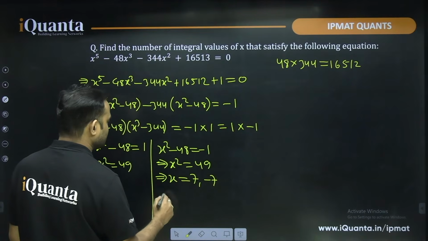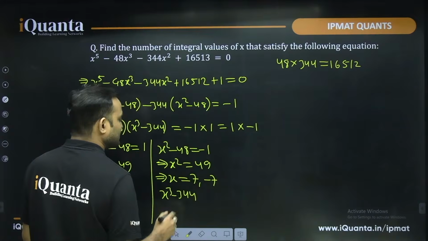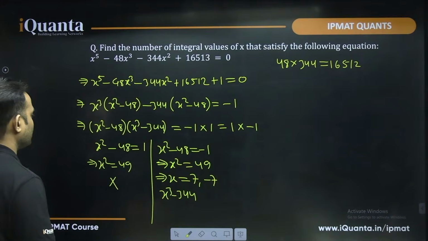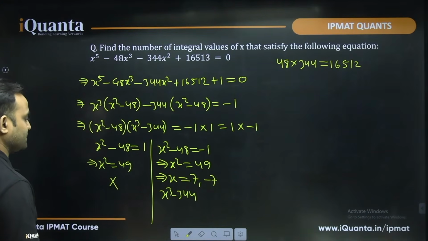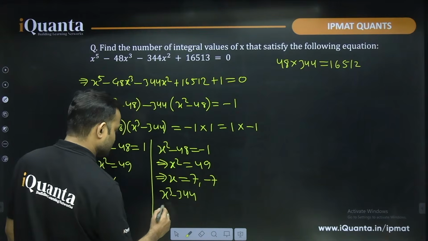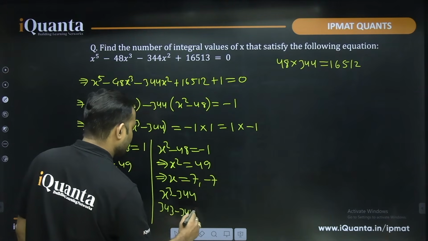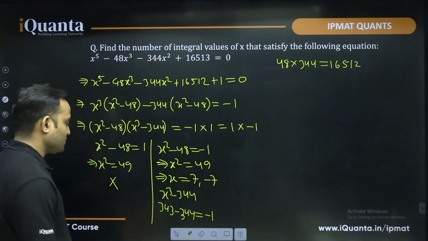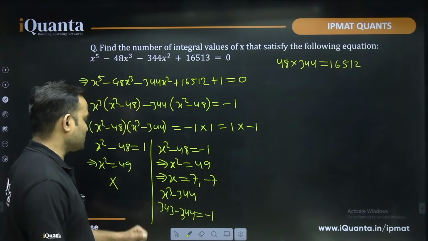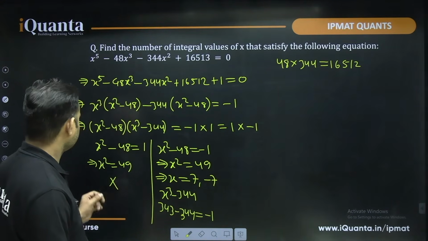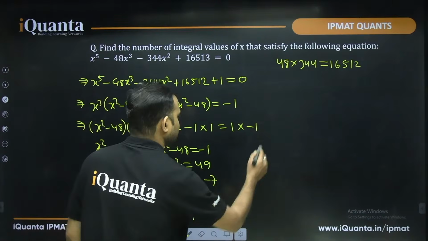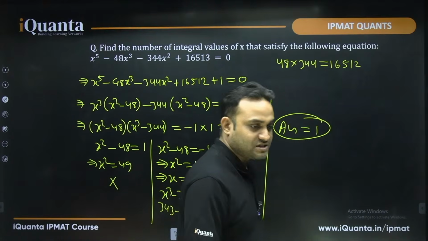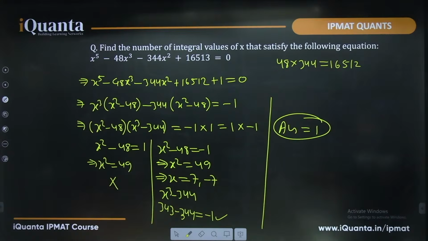If I put 7, 343 minus 344 is equal to minus 1, right? That is only possible when x is equal to 7. So that's the only solution. So the answer will be 1. One positive integer solution possible. Okay?